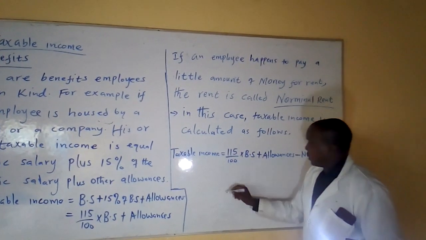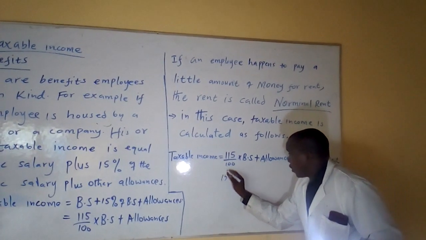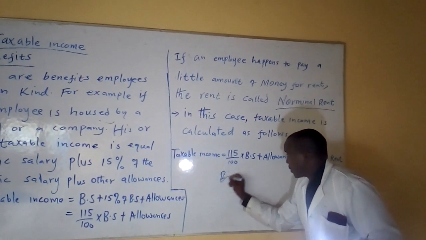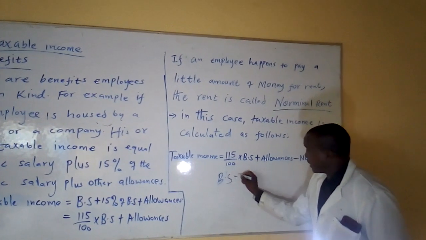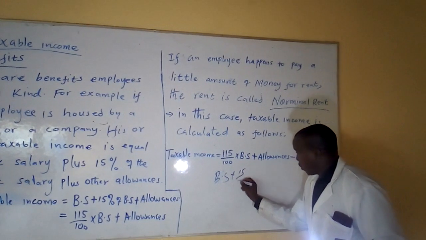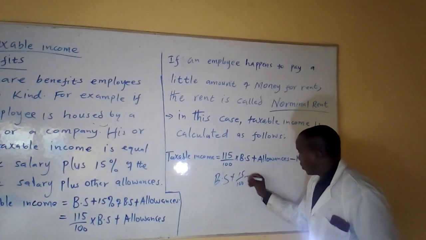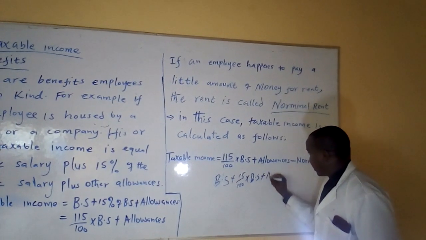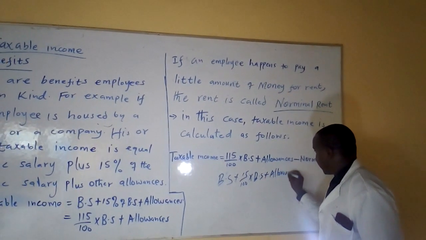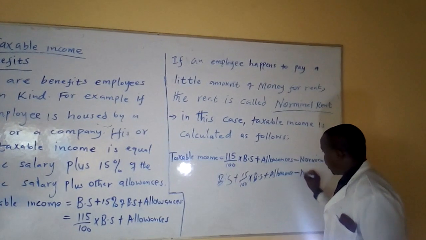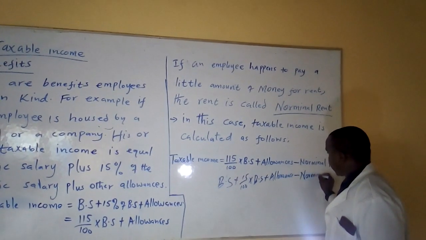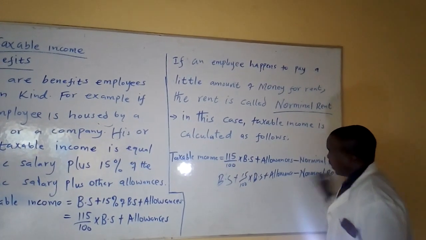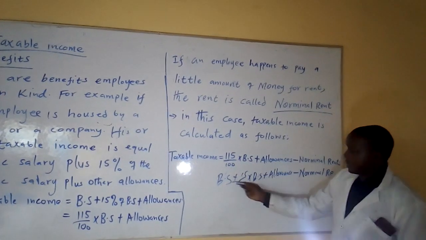Remember, 115 is simply basic salary 100 plus 15%, that is, 15 over 100 times basic salary plus allowances, and then subtract what? Nominal rent.